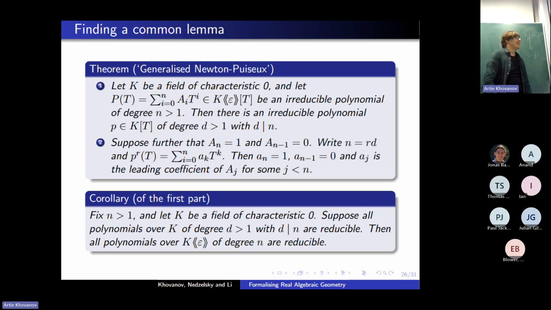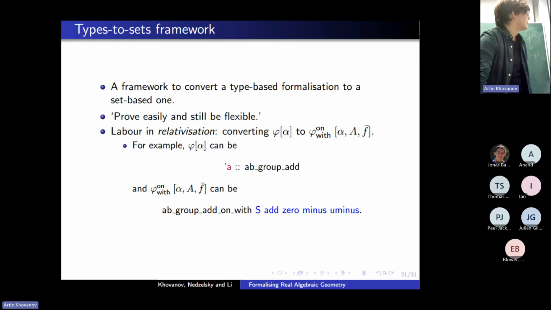In the talk, you gave the type class to locale translation between the theories. Is there any point in translating from the locale to the type class? Let's say I wanted to reason about substructures. When I'm reasoning about substructures and maps between structures, all of these closure conditions are no longer superfluous.